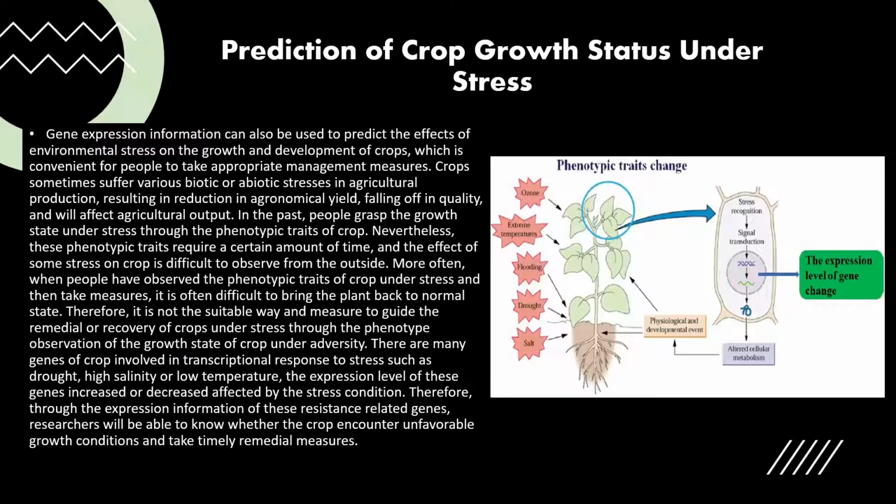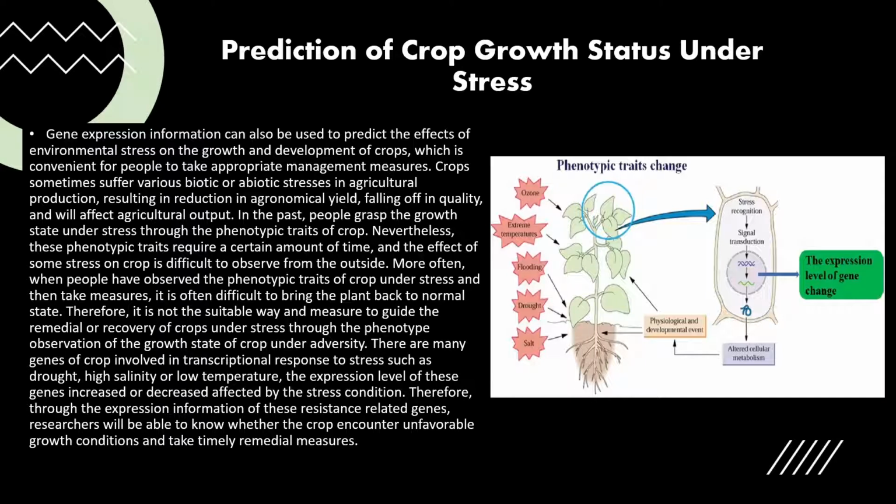Krasensky and Jonak in 2012 studied the expression patterns of stress-inducible genes in drought, extreme temperatures, and salinity stress. The beginning, end, and changes in the expression of genes related to plant signaling events involved in response to environmental stress, such as salicylic acid, jasmonic acid, abscisic acid, and calcium ion, reflect the growth state of crops under stress.